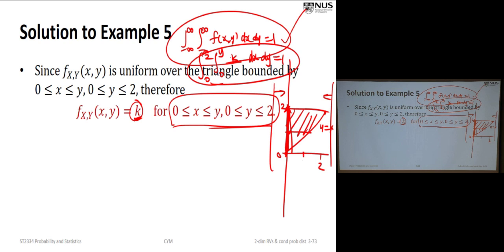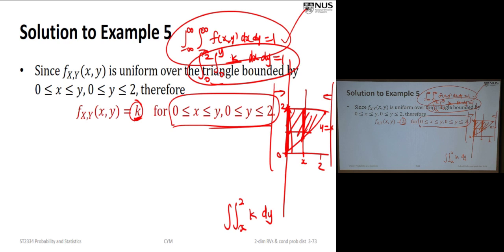So fix x, and now I integrate y first. At this point, what is the y value? For fixed x, this point is y equals x. So I integrate from y equals x to y equals 2. At this point, y equals 2. All right, so integrate this part.